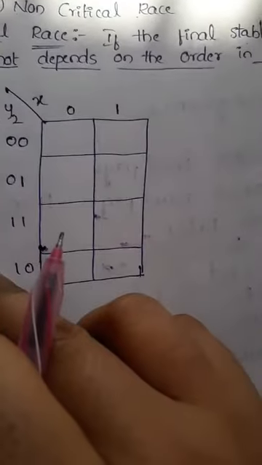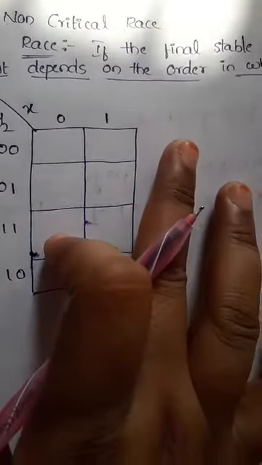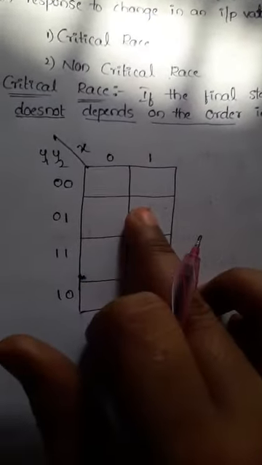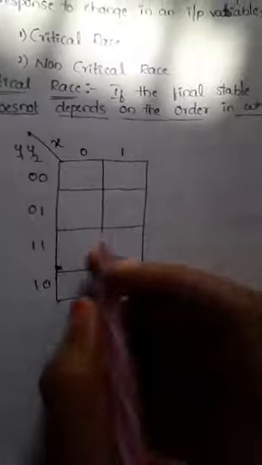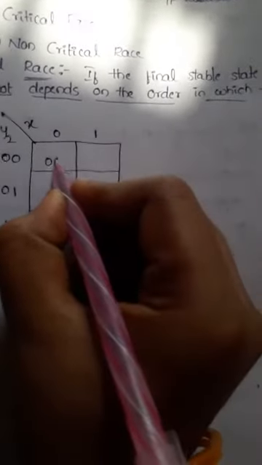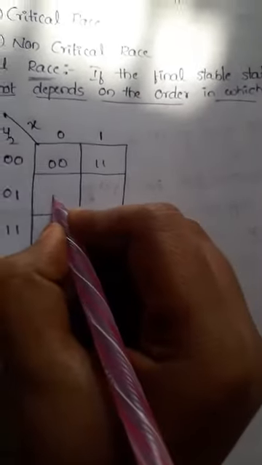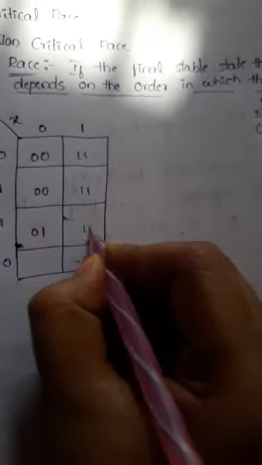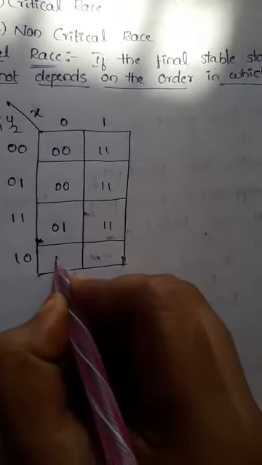This one has two possibilities and this one has 4 possibilities. So just assume the possibilities for the non-critical race, maybe 0 0 here, 1 1 here, and 0 0 1 1, just assume. I can consider this as one example. So this is our transition table.